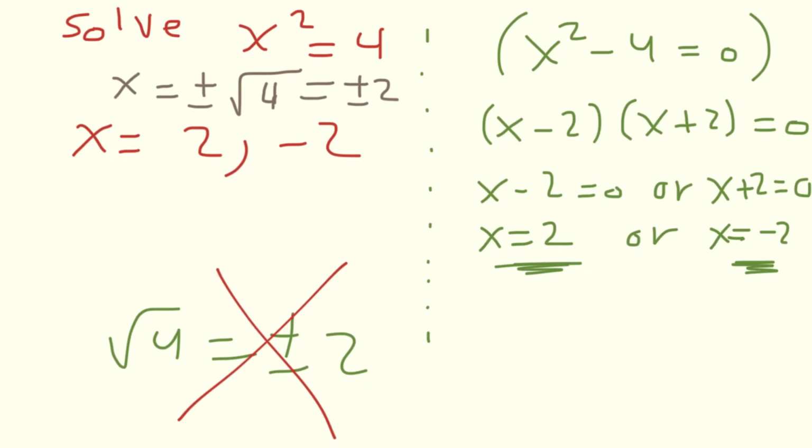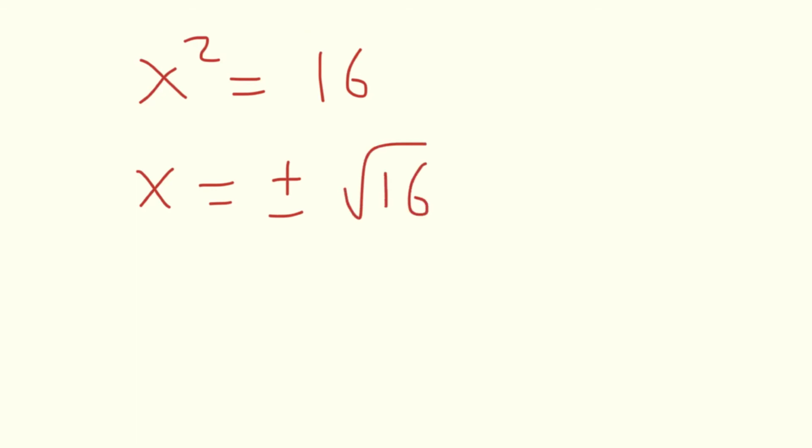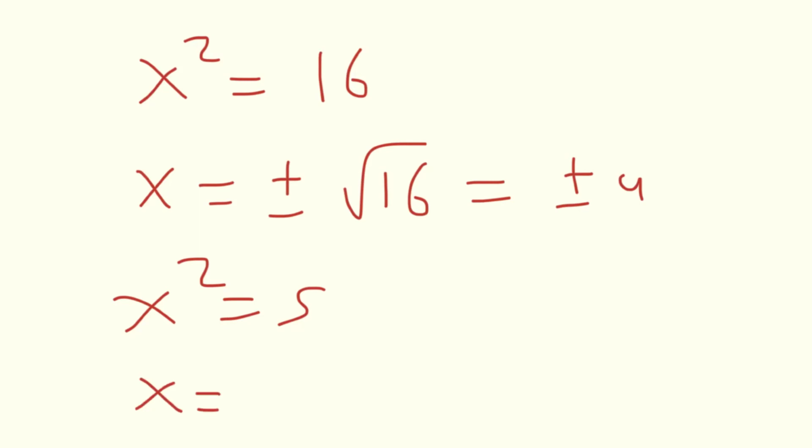Anyway, to understand this better, let's solve another one. If I have x squared equal to 16, right away you understand that x equals plus and minus the square root of 16. And what is the square root of 16? 4. That's it. Now what if x squared equals 5?